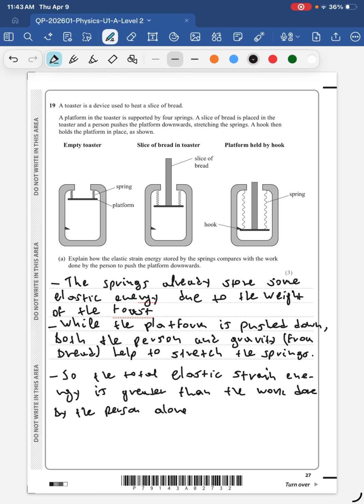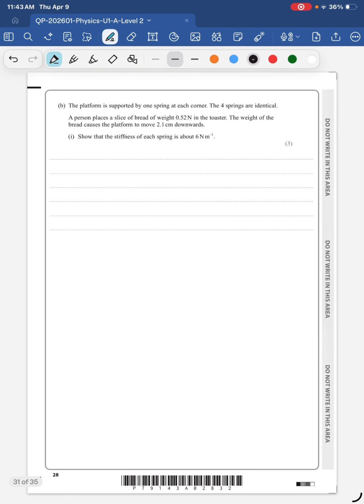I hope this makes sense. And this is because the weight of the bread helps us to push the springs down anyway. So the work we do is less than the total elastic strain energy needed to push the springs down.